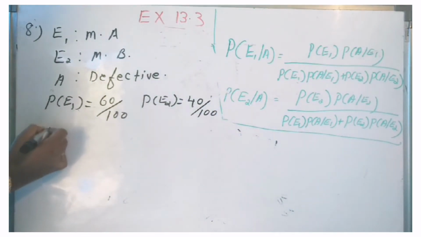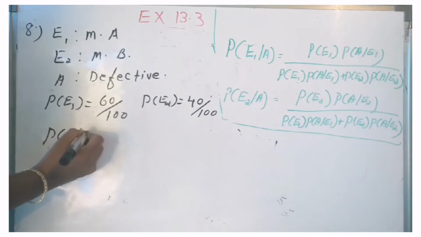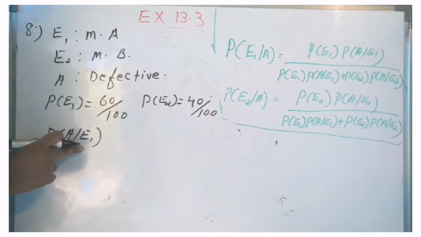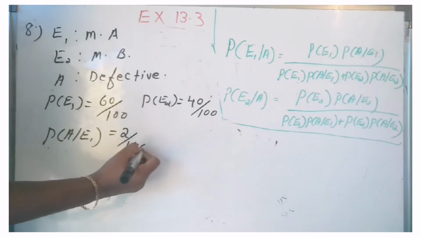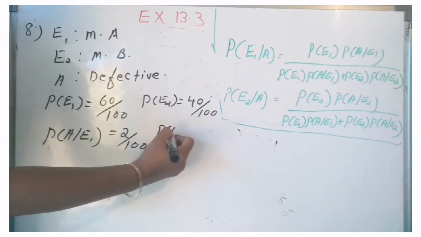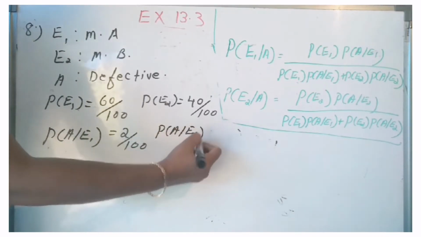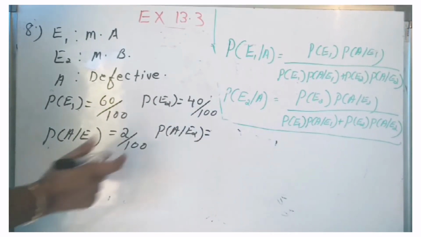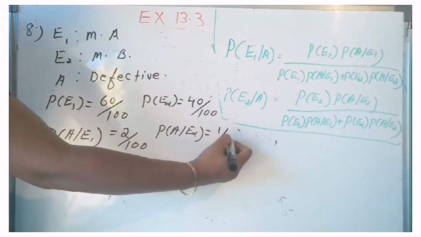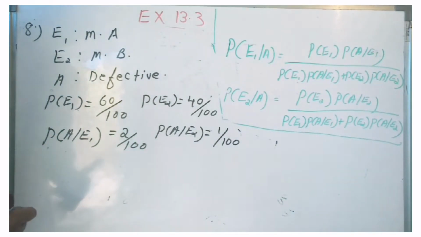Now P of A given E1, the product is produced by machine A and it is defective, that is 2%, that is 2 by 100. And P of A given E2, the product is produced by machine B and it is defective, that is 1%, 1 by 100.